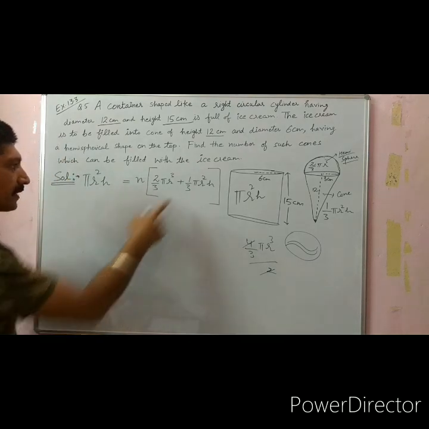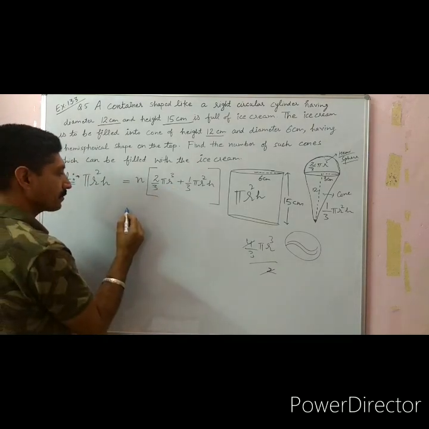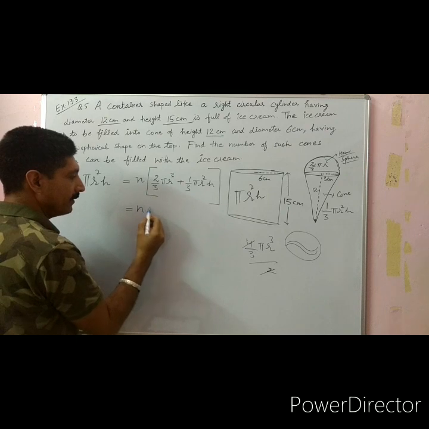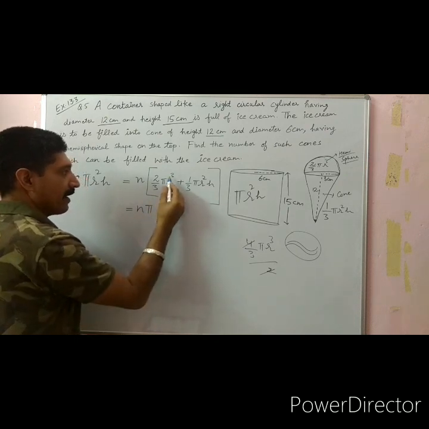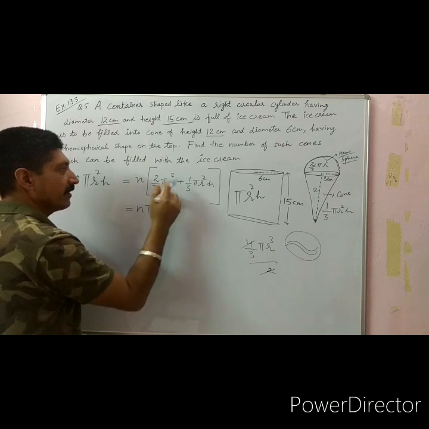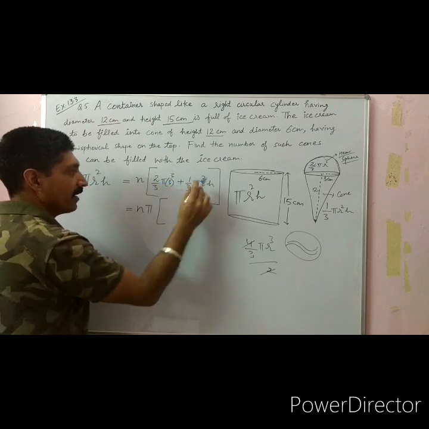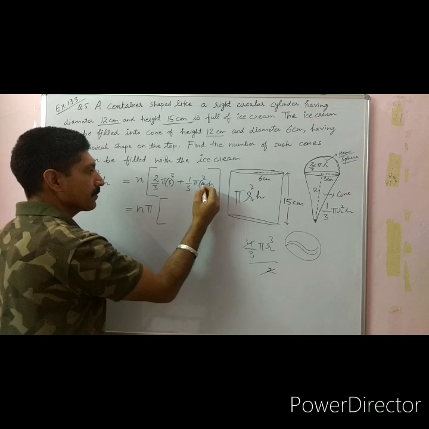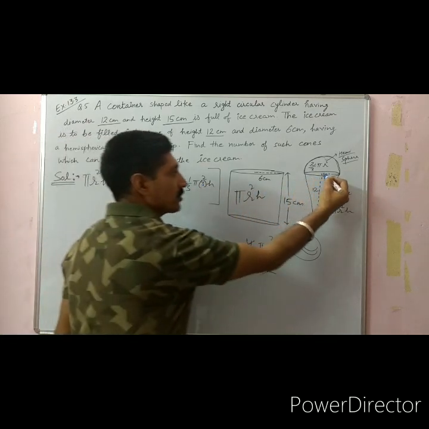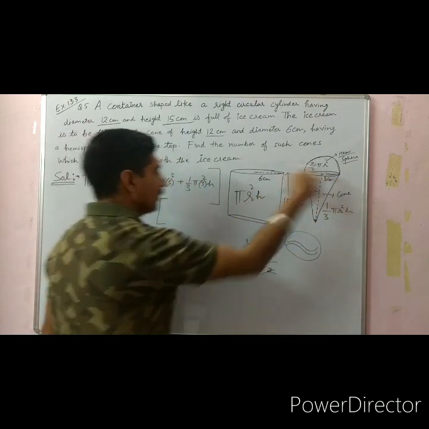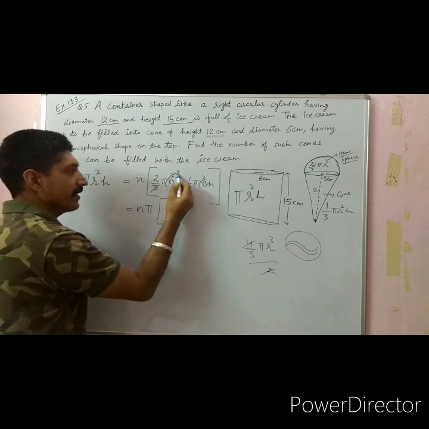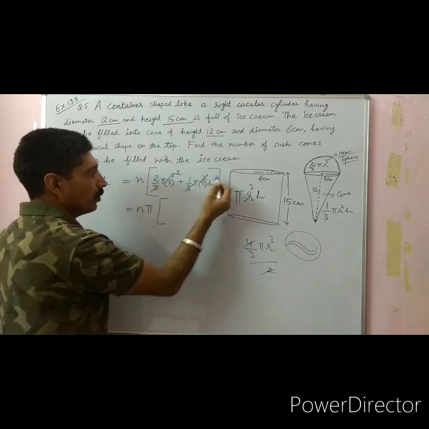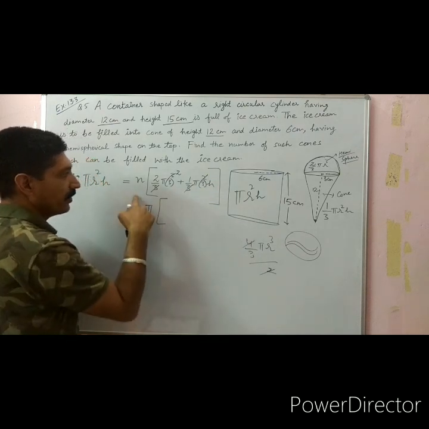So here we'll take pi common, and pi is outside. If I substitute the value of 3 here, r is 3 here also. For both the hemisphere and the cone, the radius is 3. So with 1 it gets cancelled. Here 2 is left, and here only 1 is left. Pi is already outside.